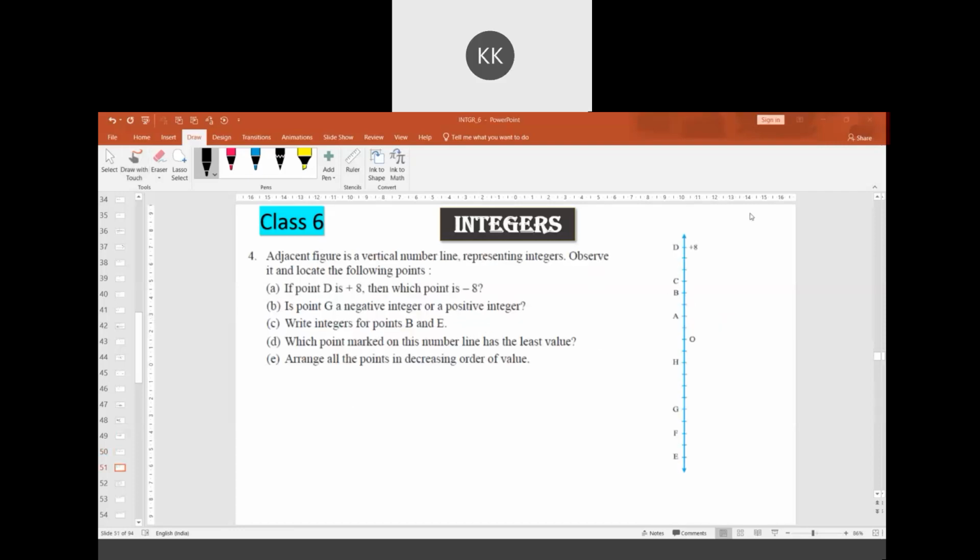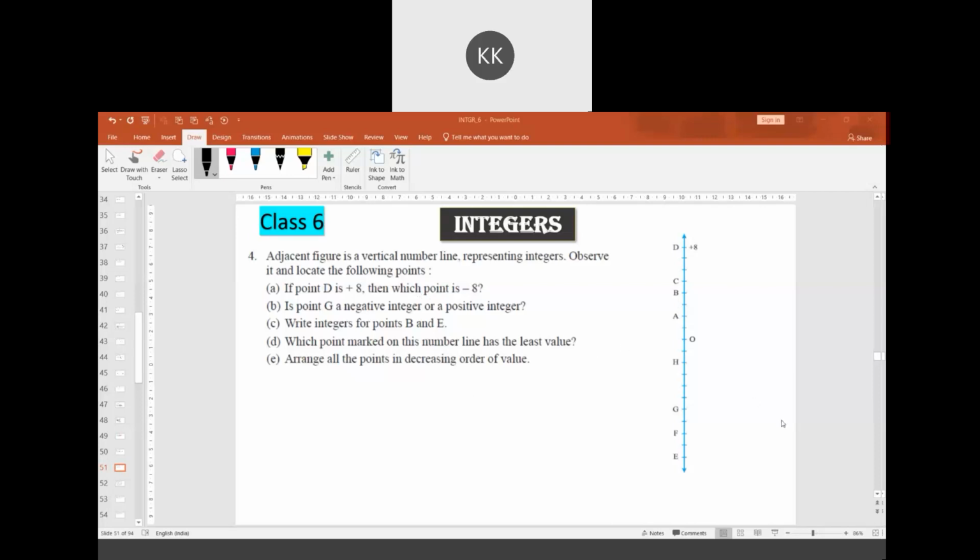Now, looking at question 4, the adjacent figure is a vertical number line representing integers. Observe it and locate the following points. First one is, if point D is positive 8, then which point is negative 8?